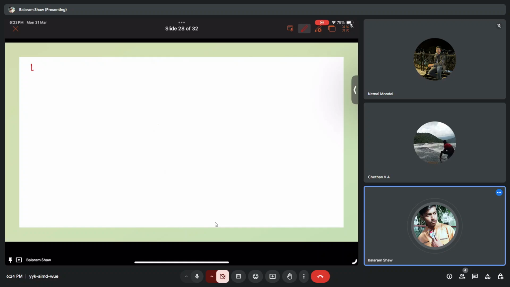So let's say the inflow and outflow are known. This is the hydrograph, with discharge Q on one axis and time T on the other. Let's say this is the inflow hydrograph, something like this, and this is the outflow hydrograph.